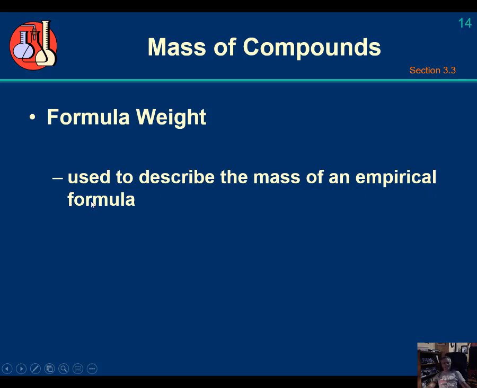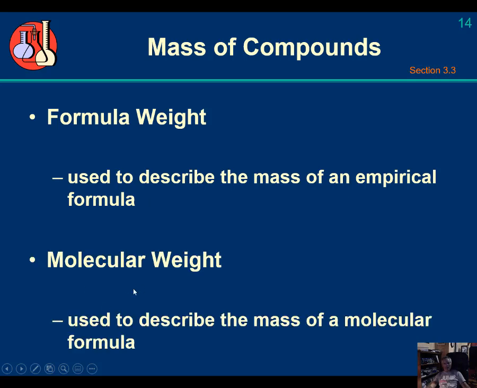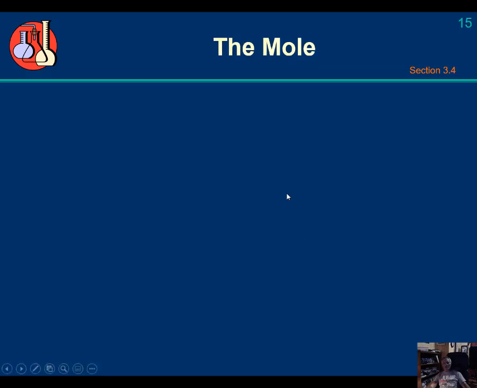And all ionic compounds are written as empirical formulas because, as you remember, ionic compounds are crystals, not molecules. So we use the term formula weight, and then we use the term molecular weight to describe the mass of a molecular formula.